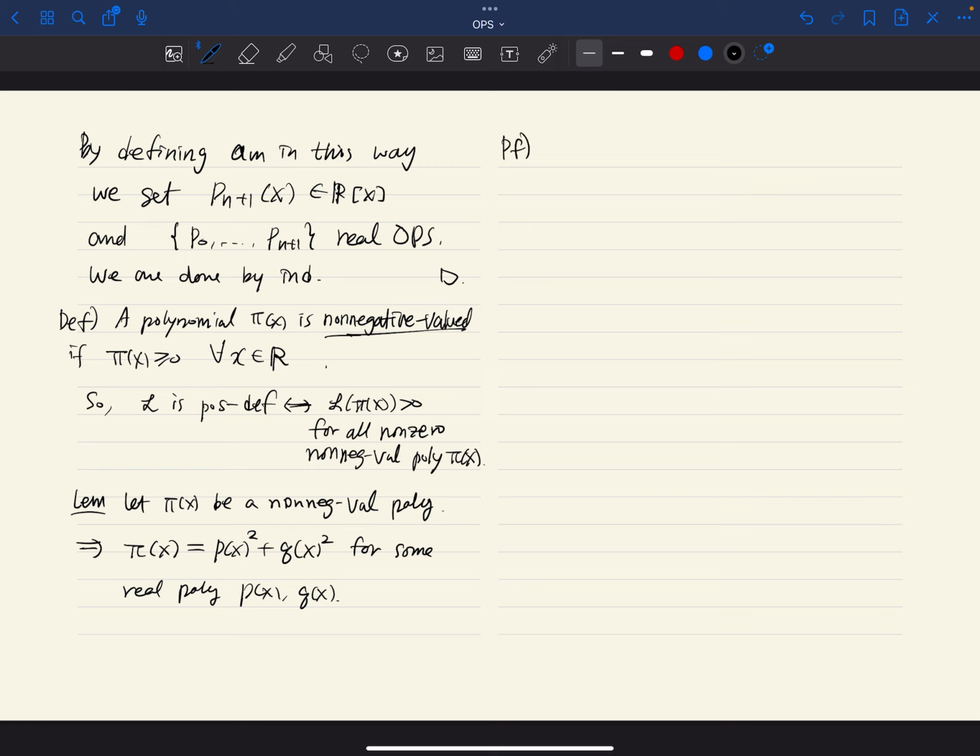First, we will show that a real valued polynomial is always a real polynomial. Since pi of x is real for every real number x, and non-negative, that means it is real automatically, right?